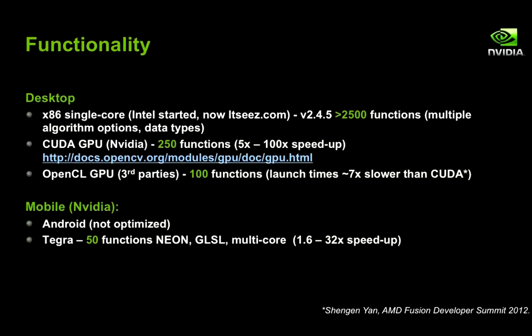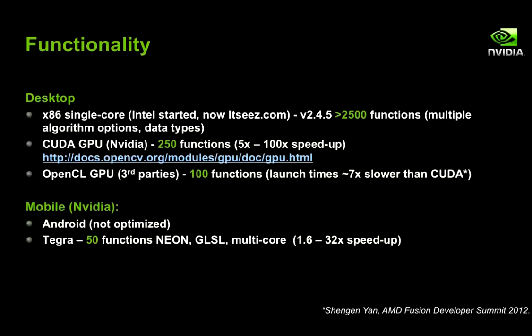Also, there exists a port of OpenCV for CUDA-capable GPUs, which was a project sponsored by NVIDIA about 3 years ago. This port contains about 250 functions, most of which are the very commonly used functions, and they give about 5x to 100x speed up in comparison to a single-core CPU.